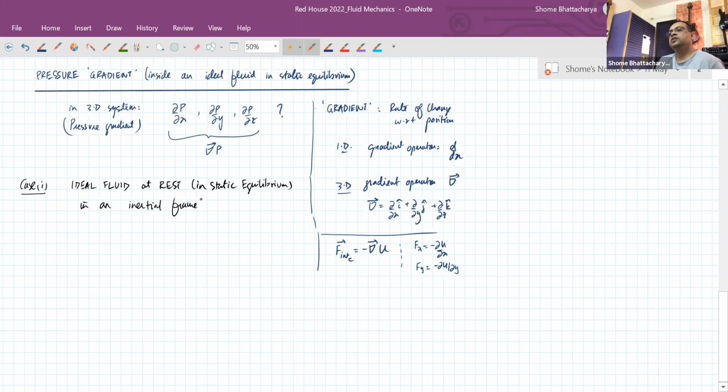As you all know, in this the pressure increases with depth by the formula density into g into h, and the pressure doesn't change with horizontal displacement. So any 2 points at the same horizontal level inside the fluid will have the same pressure, but any 2 points which are vertically separated from each other will have a pressure difference such that the lower point will have a higher pressure. So this is what we'll see in case 1.